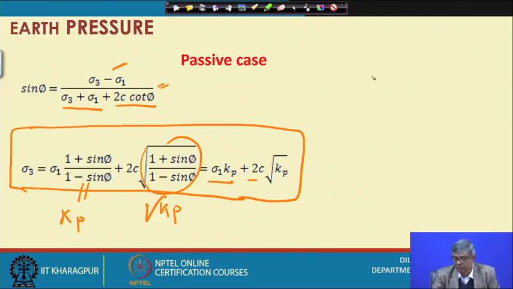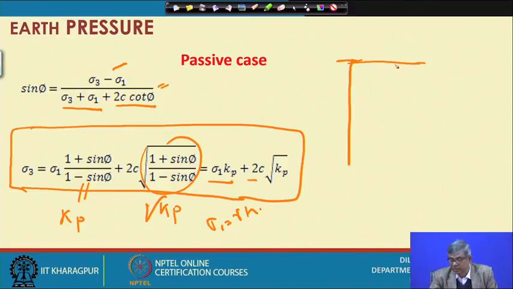So, if there is a ground here, and I want to find out the pressure diagram, sigma 1 is nothing but gamma times h. So, when h equals 0, this component becomes 0, but this component will be there. Because of that there will be a positive value at this point, equal to 2c root Kp.